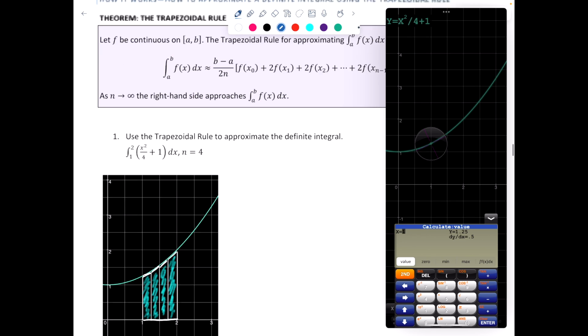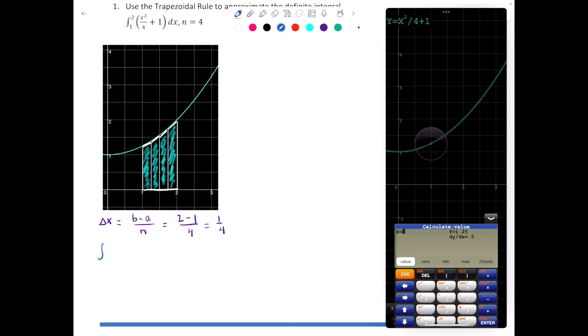So for our formula, which we have here, we're going to get the integral from 1 to 2 of x squared over 4 plus 1 with respect to x is approximately, using our b minus a over 2n, 2 minus 1 over 2 times 4, times f at 1 plus 2 times f at 1 1/4, which I'll just write as 1.25, plus 2 times f at 1.5 plus 2 times f at 1.75, that's adding an additional quarter each time, and then plus f at 2.